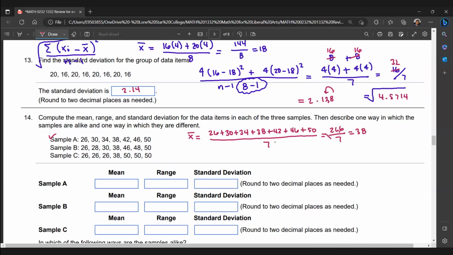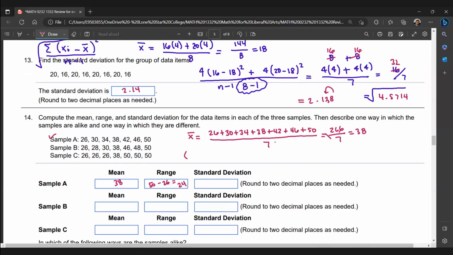Okay, so the mean is equal to 38. The range is 50 minus 26, which is equal to 24. The standard deviation, all right, let's do that one more time, okay?